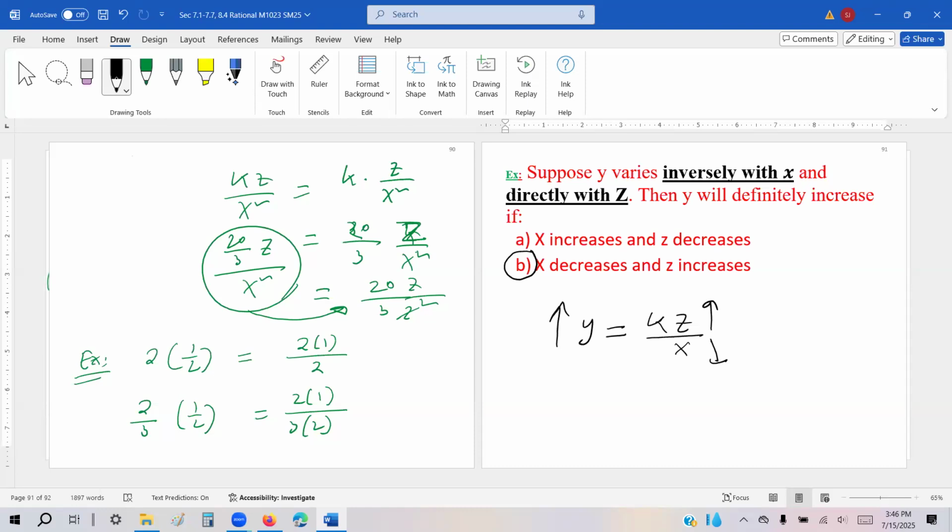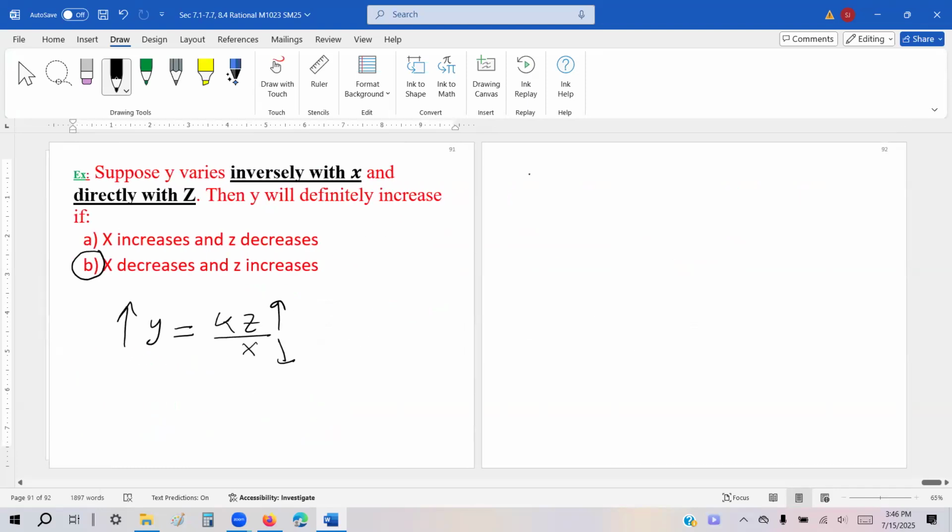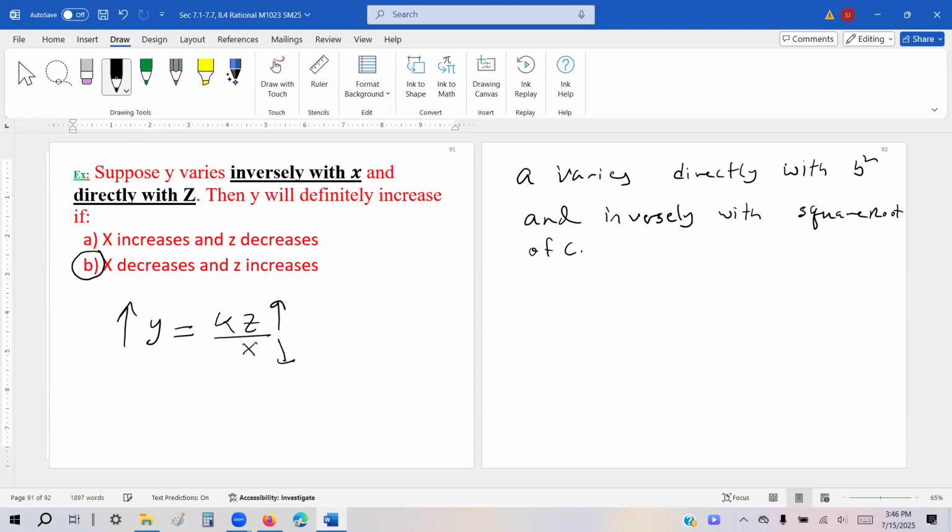Let me give you another example. Let's say A varies directly with B square and inversely with square root of C. If A has to increase, or let's say decrease this time.